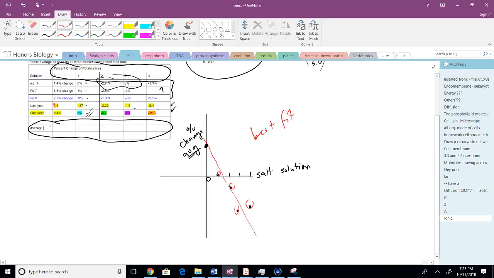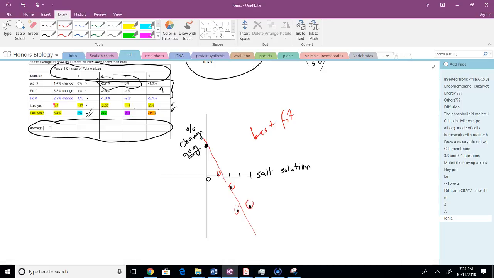There's a fancy mathematical way that you could do this called a regression line. If some of you know how to do it, then knock yourself out. But you can also eyeball it and do a line of best fit, because this is a pretty linear relationship: how much water goes in.